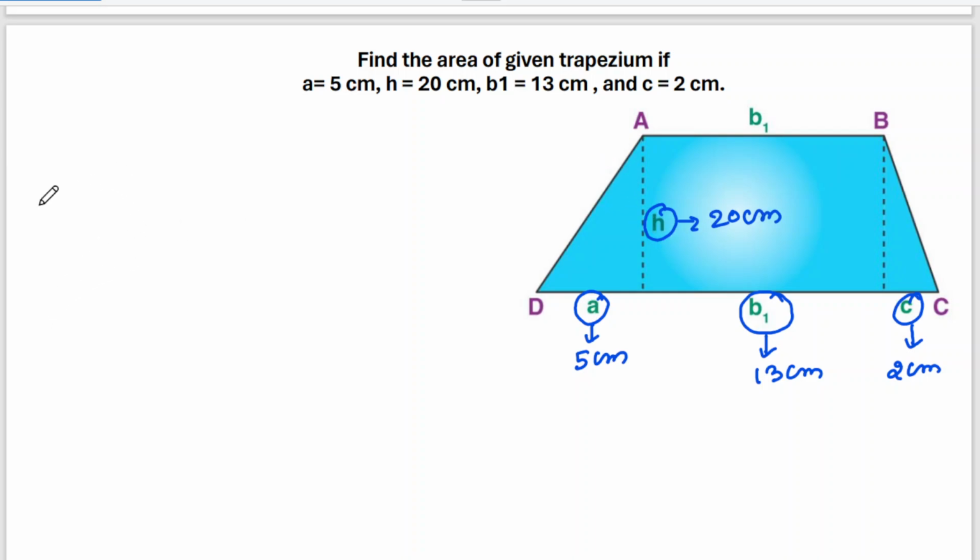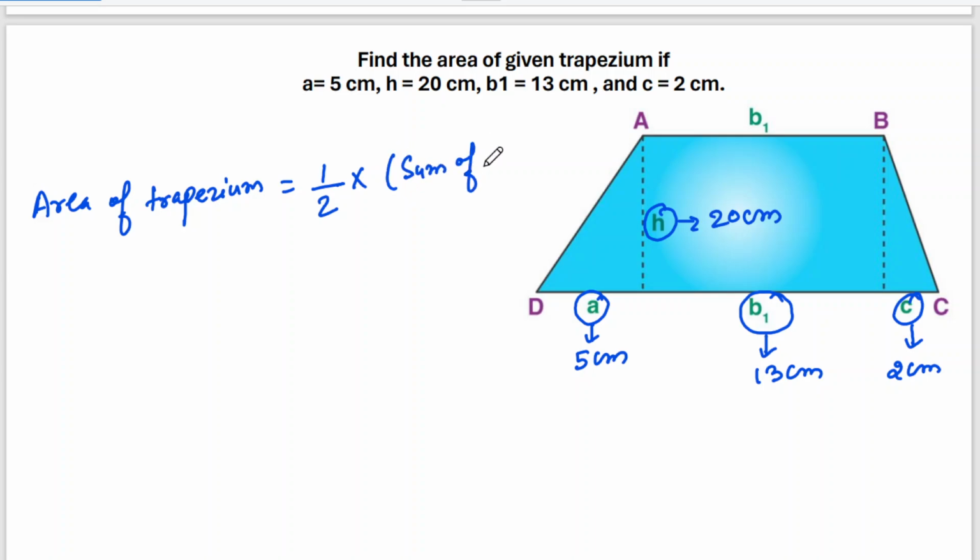So we know the formula of finding the area of trapezium, that is area of trapezium equal to half into sum of parallel sides into height.